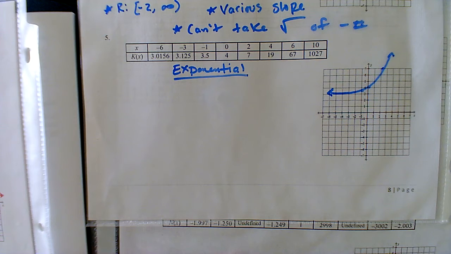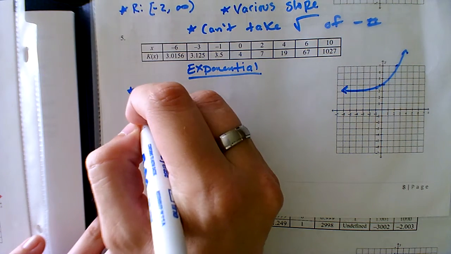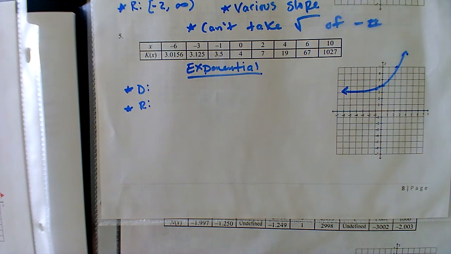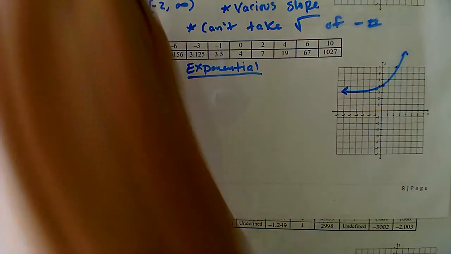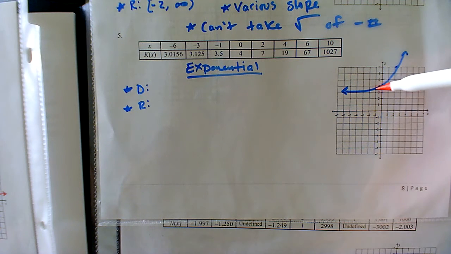Exponential. All right. Is there something going on in this graph that we could probably draw in or identify? I'm specifically talking about this left-hand side. What does it look like the graph is doing?